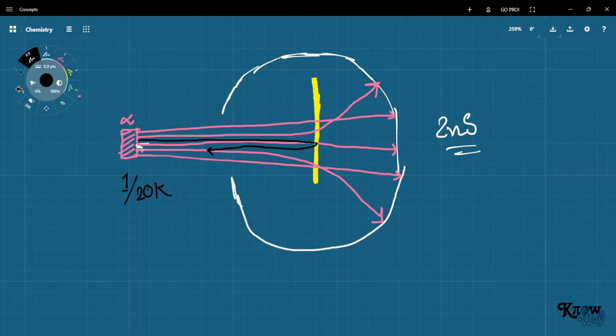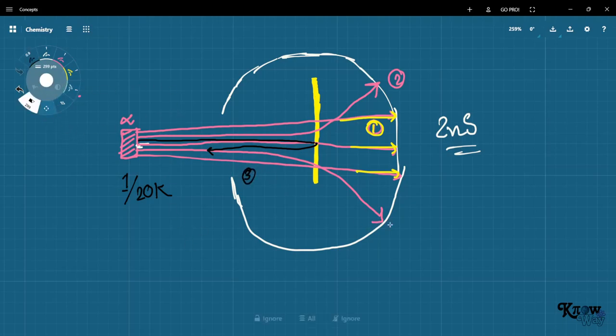So what was his conclusion based on these three phenomena? This is phenomenon 1, this is phenomenon 2, deviating, and this is phenomenon 3, coming back.